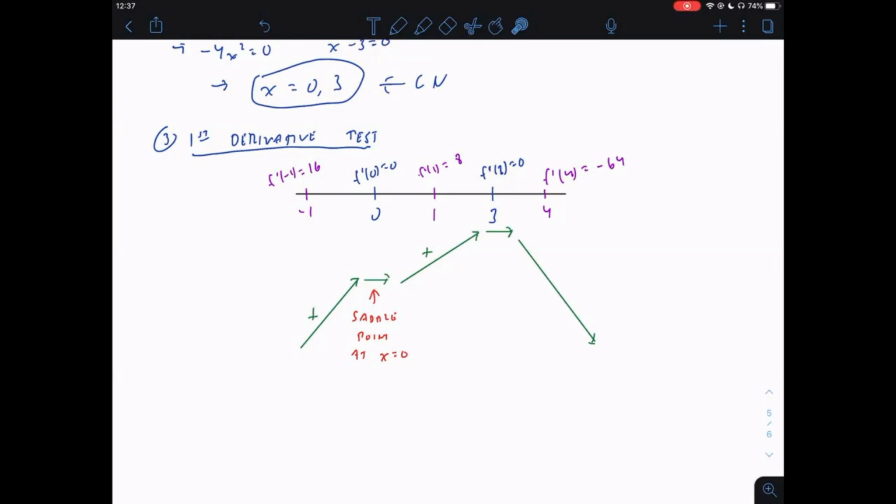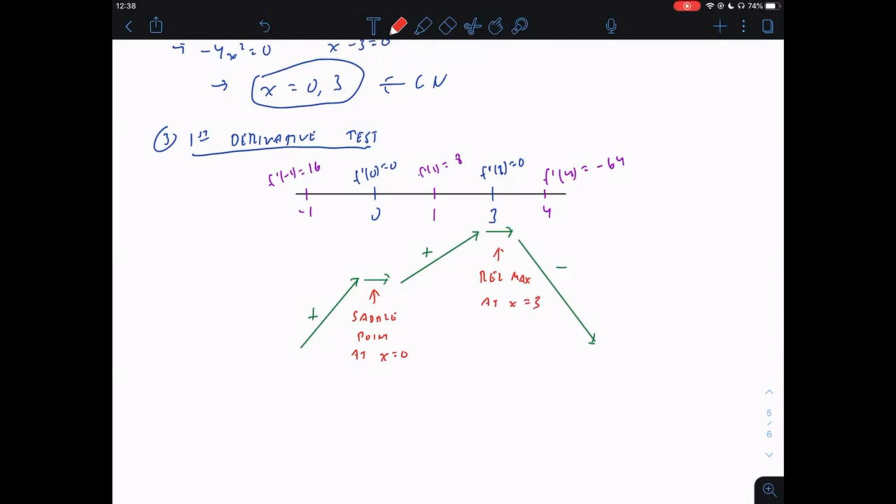Okay. But then at the second critical number, we do have a change of direction. Before 3 the slope is positive, after 3, the slope becomes negative, and our function starts to decrease. So here we have a relative... what type do we have when it goes from positive to negative? A relative max. So we have a relative maximum point at x equals 3.